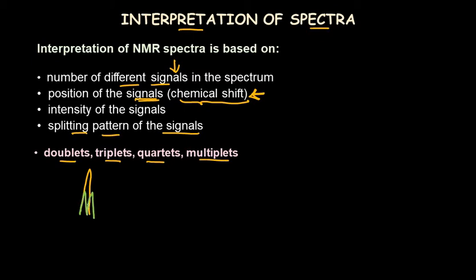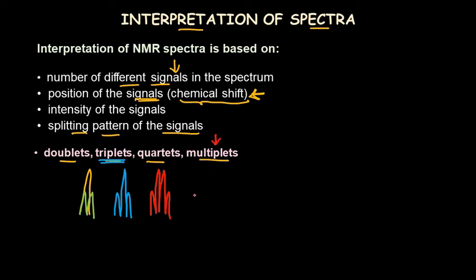As a single peak has split into two parts, we call it a doublet. But if a single peak splits into three parts, then we call it a triplet. Similarly, if it splits into four parts, we call it a quartet. And if it splits further, we call them multiplets.